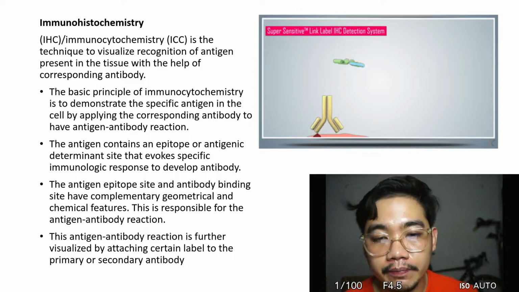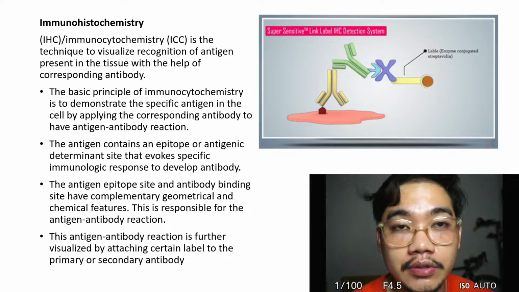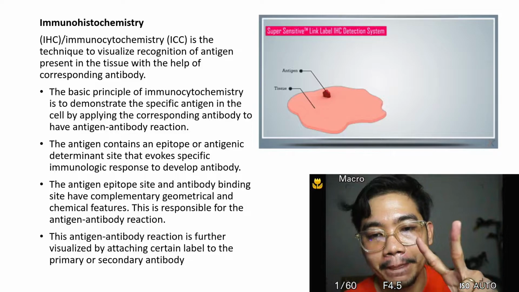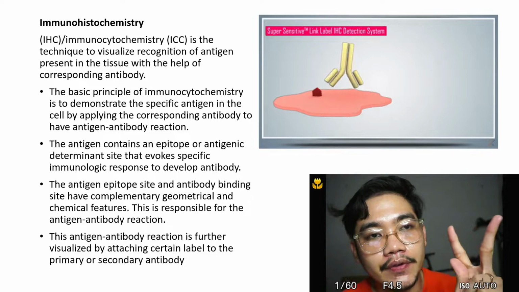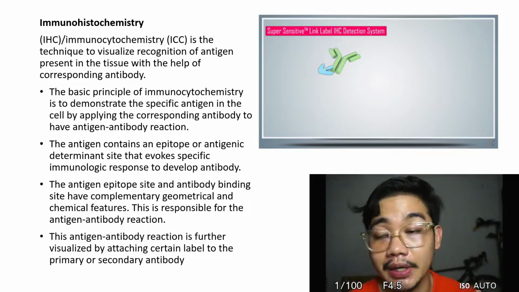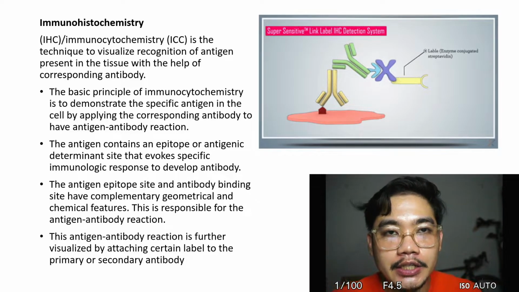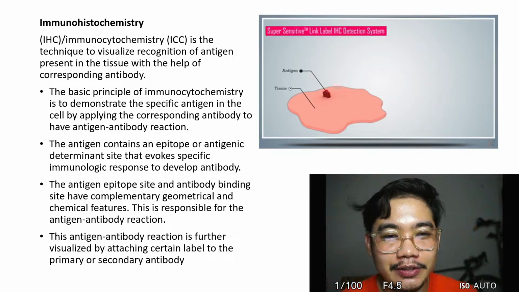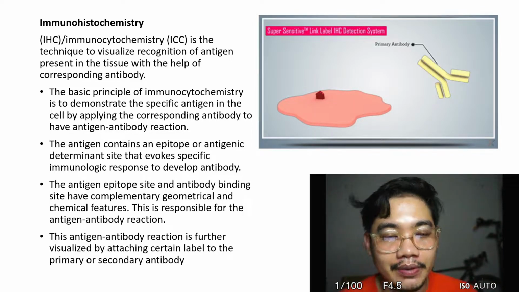So apart from that, it makes the reaction more sensitive because your secondary antibody has two fragments of antigen binding, so it can bind to two primary antibodies, no. So meaning you catch more antibodies, no. So your secondary antibody catches more antibodies.